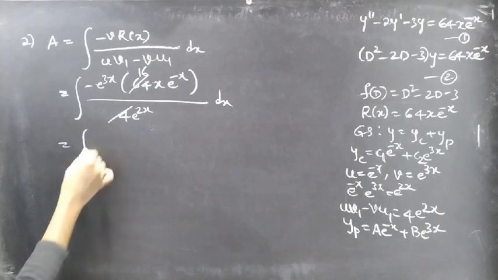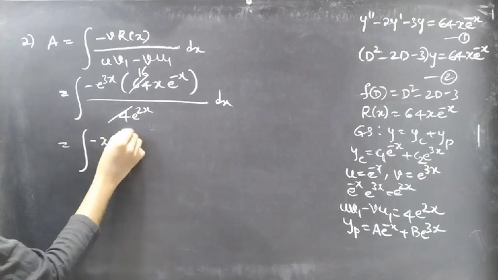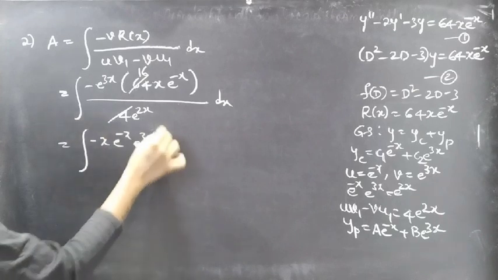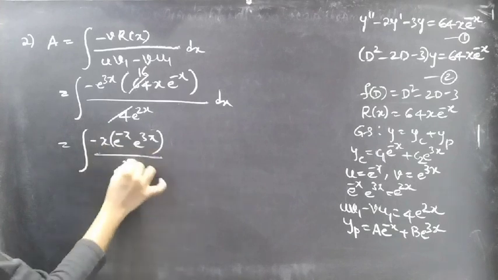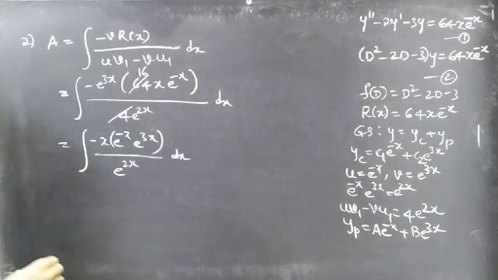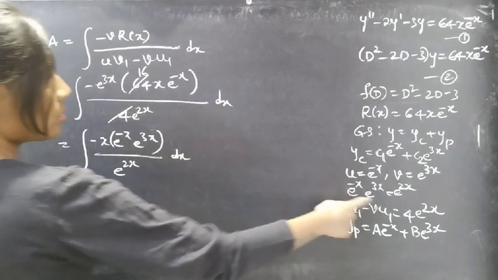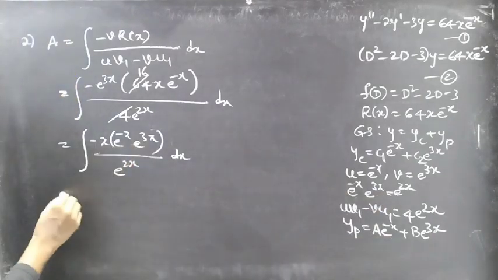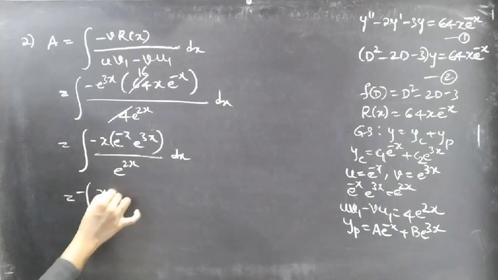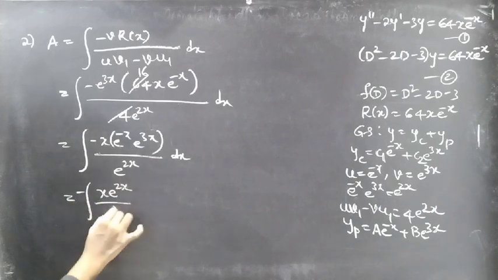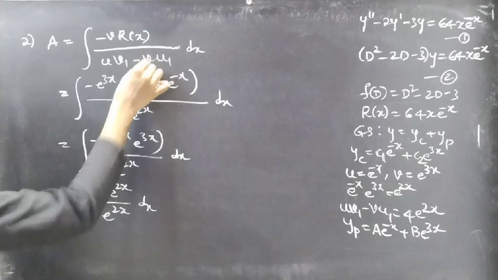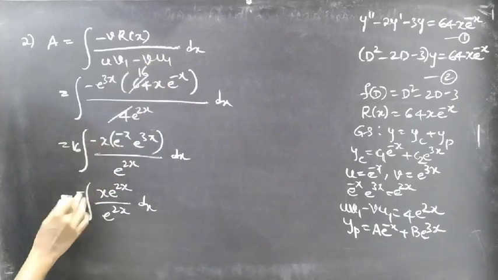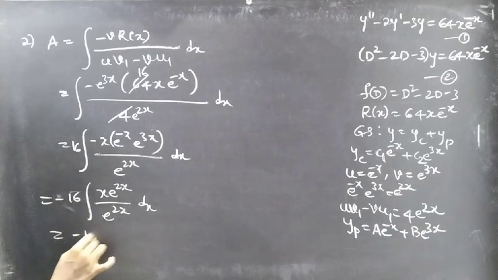This is equal to the integral of minus 16 x e power minus x into e power 3x by e power 2x dx. We know that e power minus x into e power 3x is e power 2x, so we can replace this term with e power 2x. We'll get minus x e power 2x by e power 2x into dx, right? Here we are having 16, which gives us minus 16, and e power 2x gets cancelled.